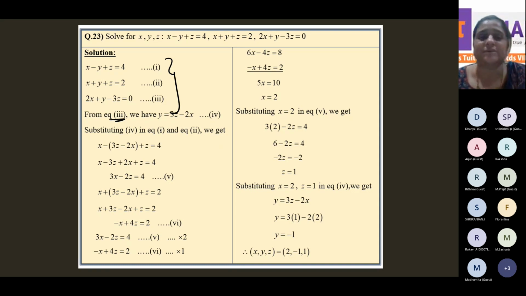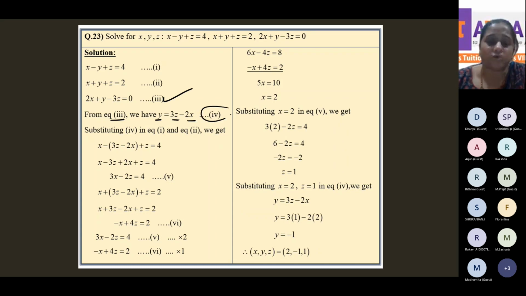You can write x in terms of y and z, y in terms of x and z, or z in terms of y and x. So what are the things you should remember? You can take up any one of the 3 equations, I have taken the third one. You can write any one variable in terms of the others, and I have written y in terms of z and x.